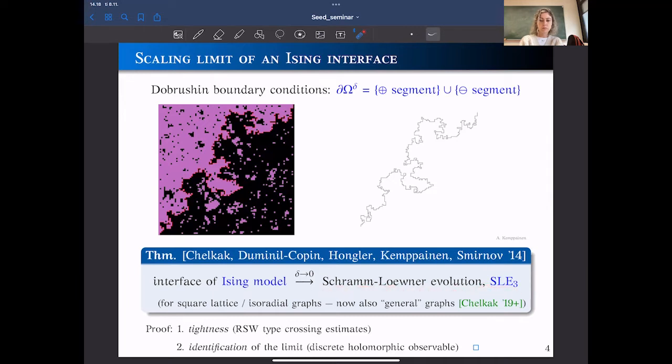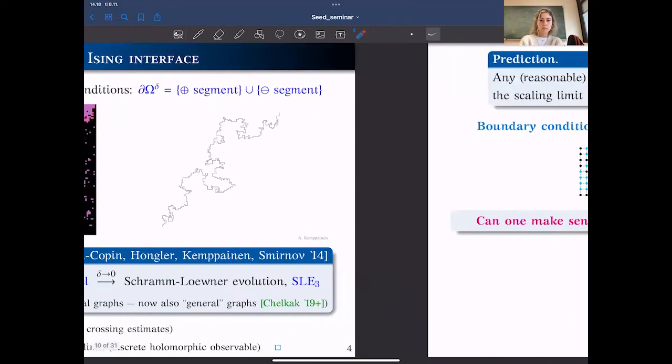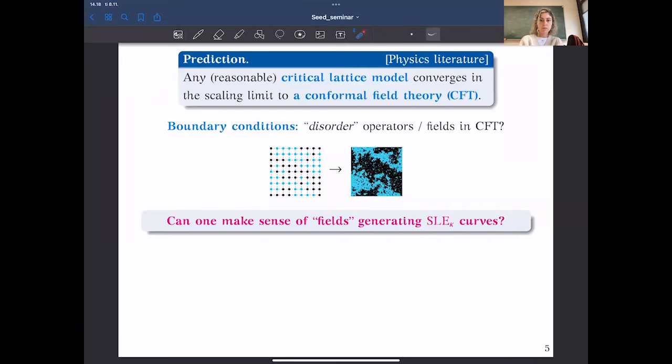I hope it's very visual so far. And also how they are related to CFT. This is the provocative prediction again: any reasonable critical model converges to some conformal field theory. I could try to start understanding this, for instance by understanding these SLE random curves.